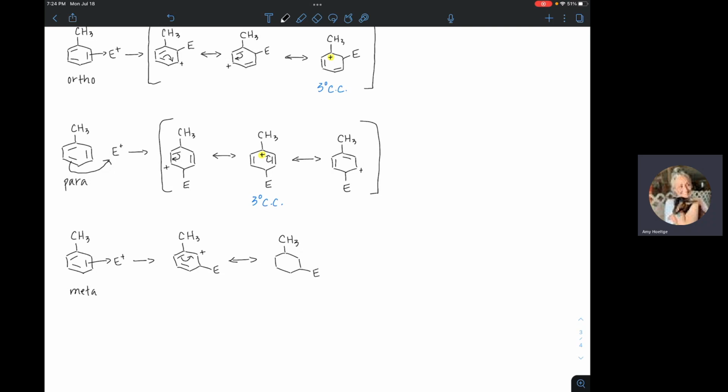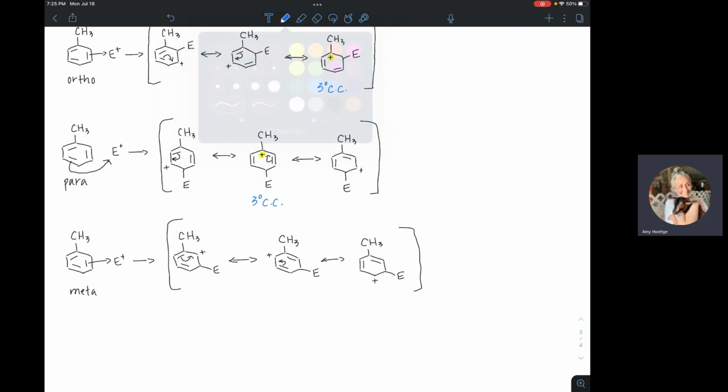So the electrophile is still in the meta position here. Put the double bond there. Do it again. None of my contributing resonant structures is giving me a tertiary carbocation if I put my electrophile in the meta position.